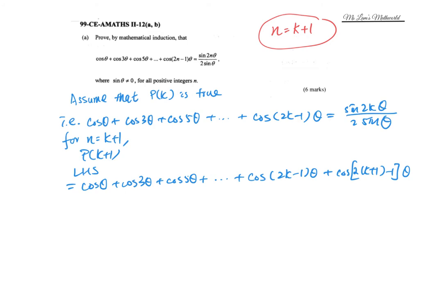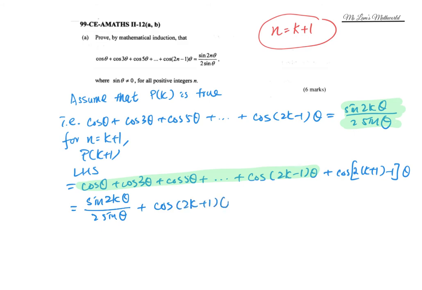It is not difficult to see that this will be equal to sine 2k theta divided by 2 sine theta by mathematical induction, plus cosine, so let's calculate 2k plus 2 minus 1, that means cosine (2k plus 1) theta.